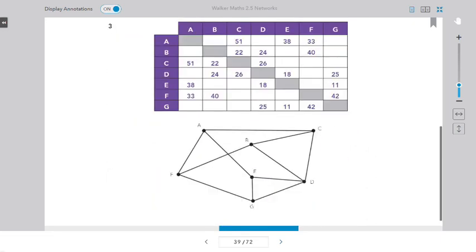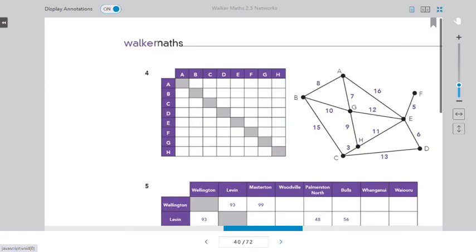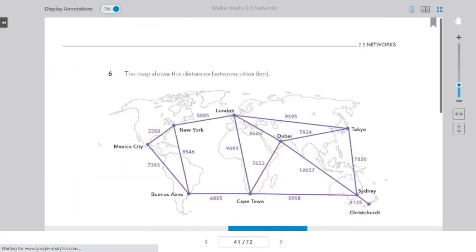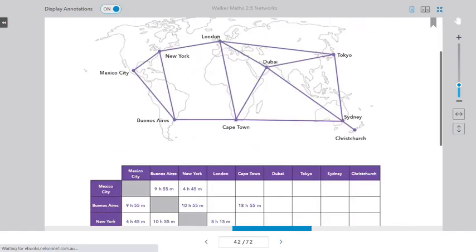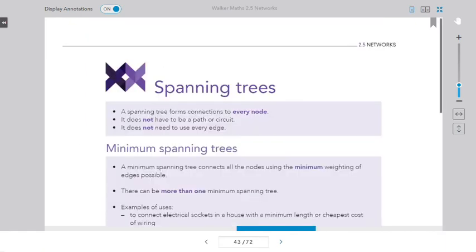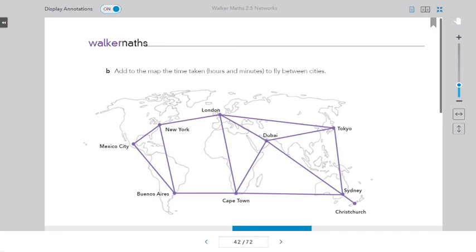So your classwork starts on page 39 and goes through what? So page 39 to 42. Okay? So if you have any questions or need any help, just let me know.